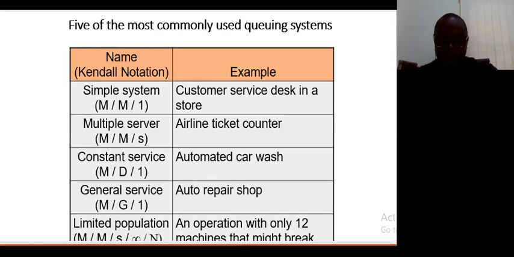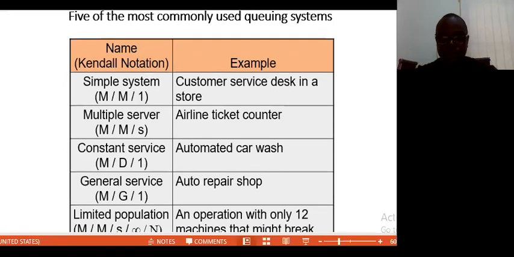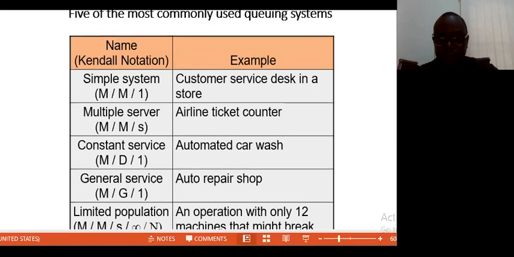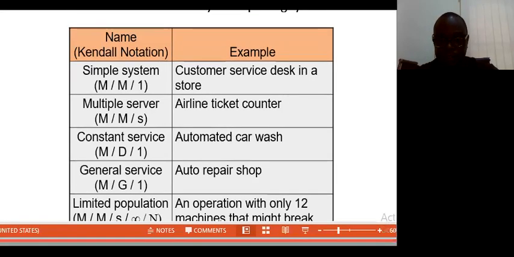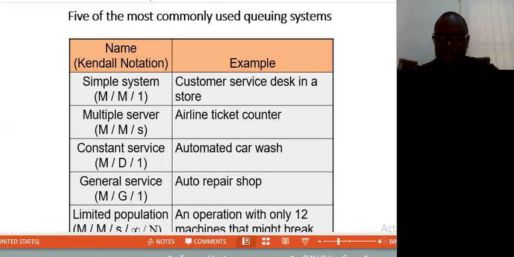Then the five most commonly used queuing systems are presented here. Sorry, let me expand this a little bit so that you can be able to visualize all of it.